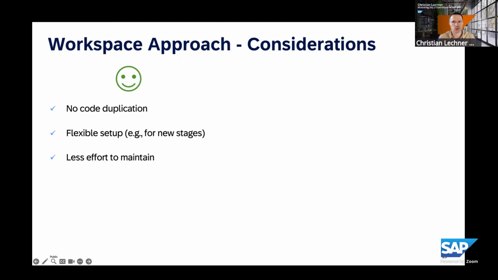If we have to do some bug fixes, we can do it there and we don't forget any place where we have to do it. Then the setup is quite flexible. So if we would introduce new stages, and depending on how flexible you are with respect to the attributes that you provide, it's quite easy. You don't have to jump from one directory to the next. So it's less effort to maintain that, that's for sure.